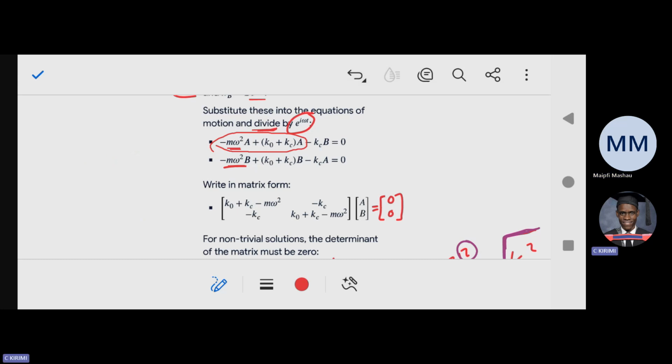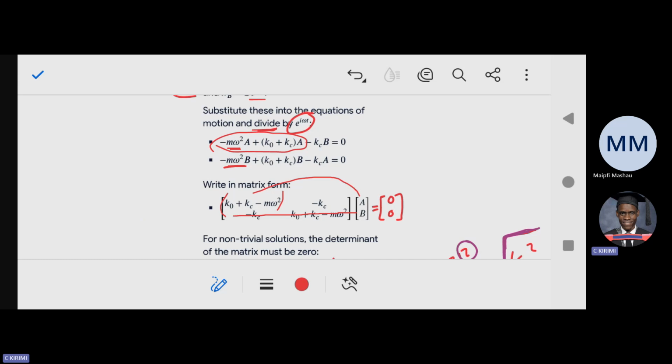We are still on the top. We have not come to the bottom yet. In the first one, we are saying we factored out, which means this whole term is being multiplied by what? By A. That's what we factored out.